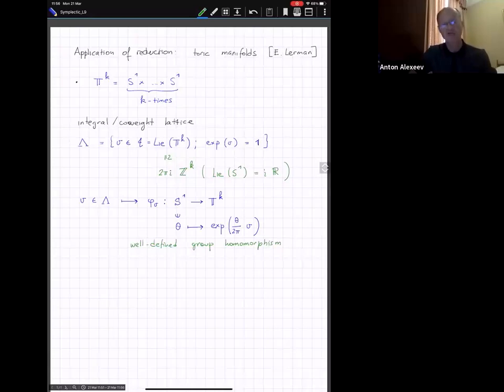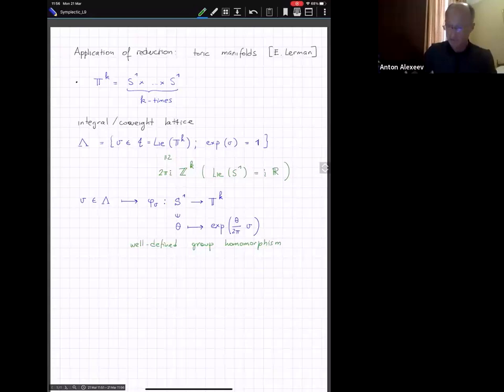So that's why sometimes this lattice is called coweight. Coweights are usually homomorphisms from S1 to the torus. And integral, that's the definition that I gave you. So that's the preimage of the group unit. So both things are equivalent. So now I described all the group homomorphisms from S1 to T to the power k.